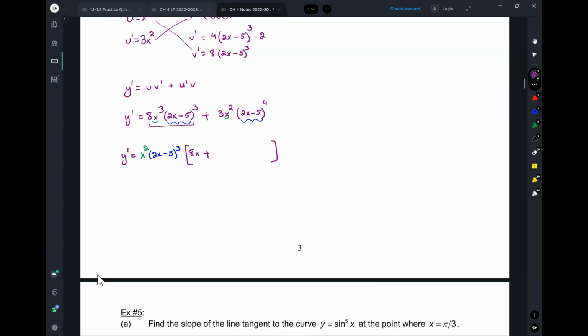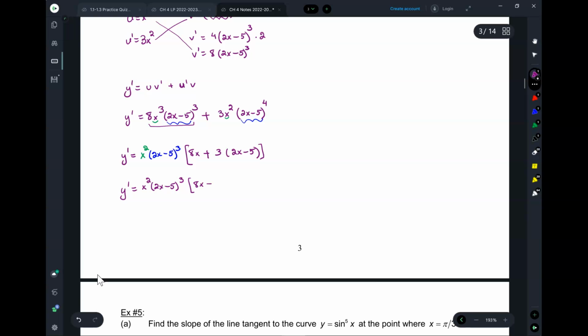Plus, from here, what am I factoring out? The 3 stays. X squared gets factored out. And then from the 2x minus 5 to the 4, I take out 2x minus 5 cubed. So I've got 1, 2x minus 5 left. Okay, so y prime is x squared, 2x minus 5 cubed.